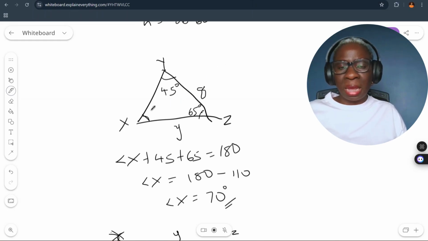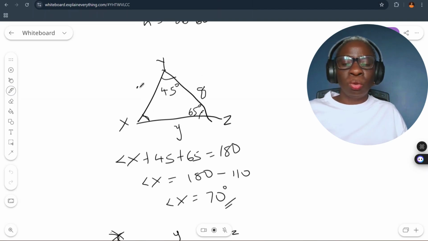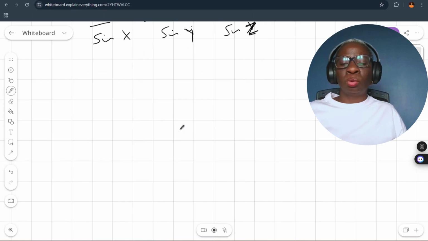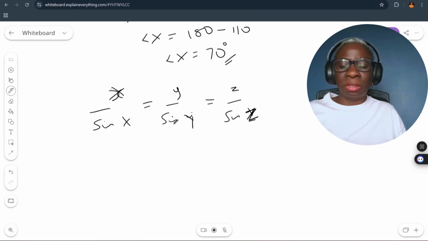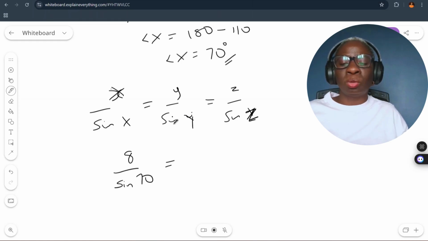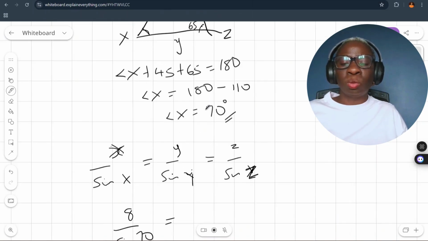So we can use x over sine x equal to y over sine y. We cannot use z because we do not have a value for z here and it's not relevant to the question. So what is x now? That's 8. So we have 8 over sine 70 equal to y over sine 45, where y is what you are looking for.